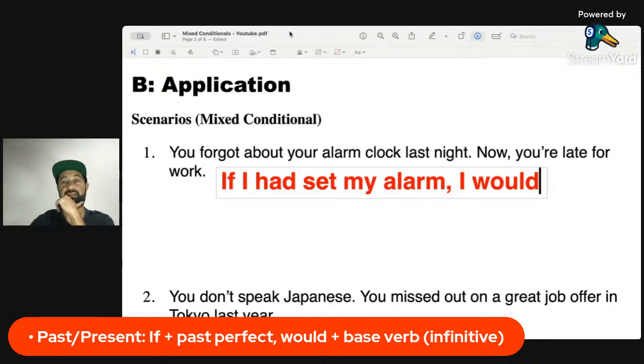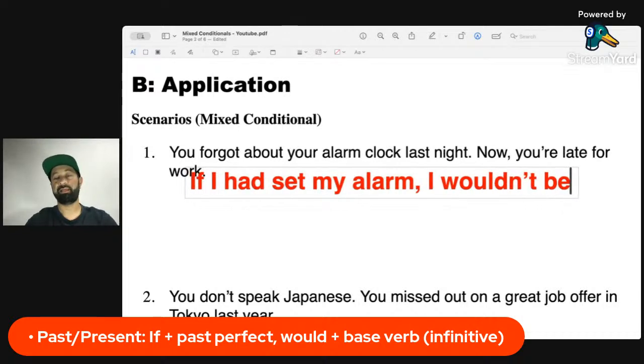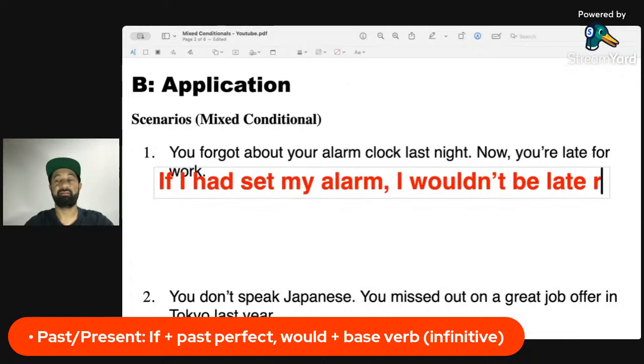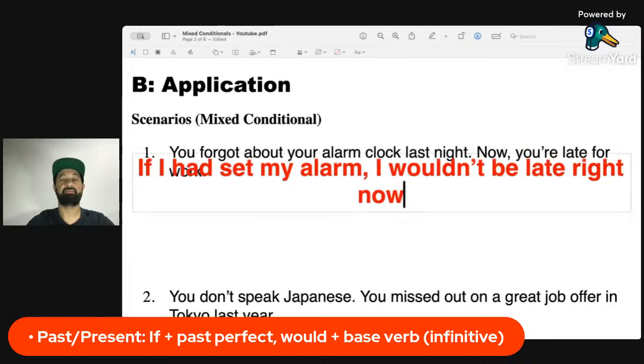Okay, if I had set my alarm, you guys remember what I said at the end? Okay, so we have to follow the pattern. So we know we need a would. If I had set my alarm, I wouldn't be, what can we say? I wouldn't be late right now.